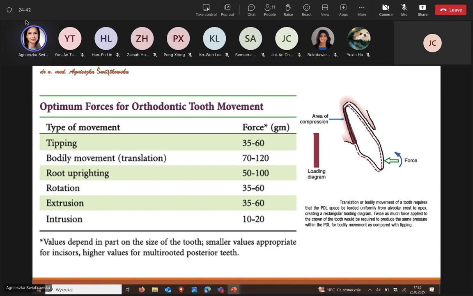Also, canines are one-rooted teeth, but you know that the root of this tooth is very long, and sometimes it's difficult to achieve rotation of this tooth even during treatment with a fixed appliance, especially if we have a rotated canine in the lower arch and a man who is after 30 years old.